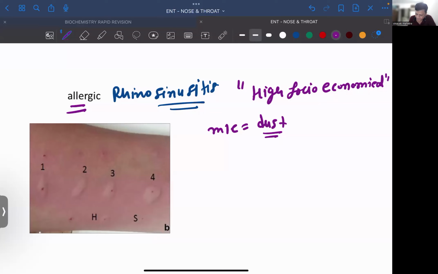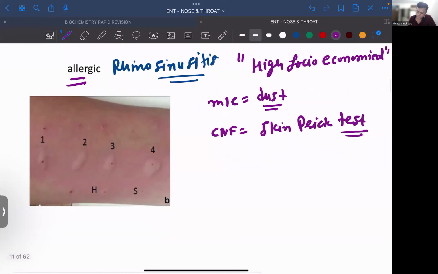So confirmatory test क्या होंगे allergen check करने के लिए? Same. We will do skin prick test, right? Now comes gold standard. What do you think?